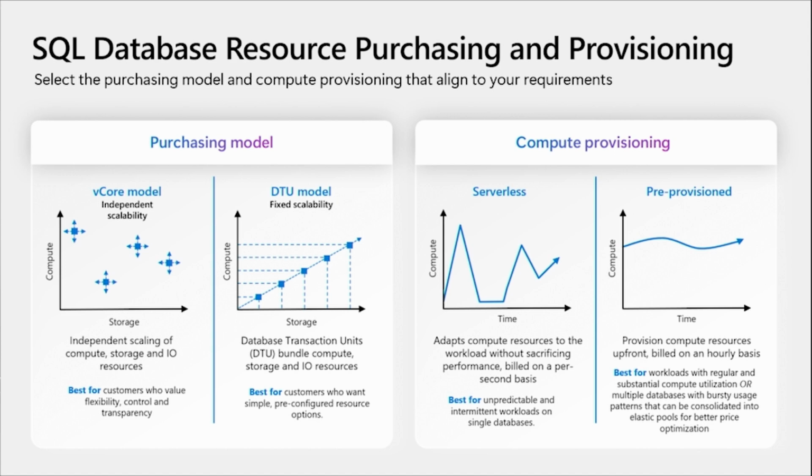That's the simple physics of computers, the actual memory on the chips and on the bus, on the physical hardware running in data centers. If you want ultimate flexibility, transparency, and control over your memory, storage, and compute, you'll want to lean towards the vCore model. We offer vCore models in both SQL Database and Managed Instance. DTU is a SQL Database only thing.